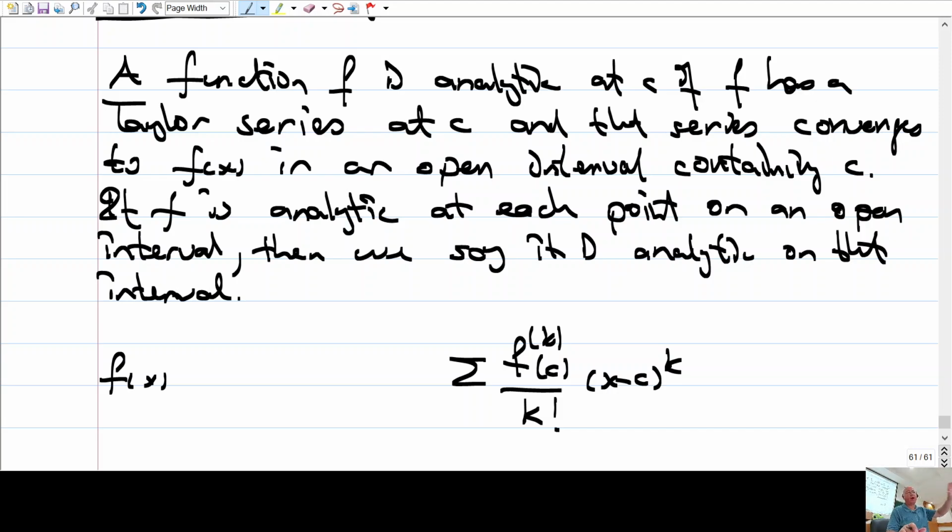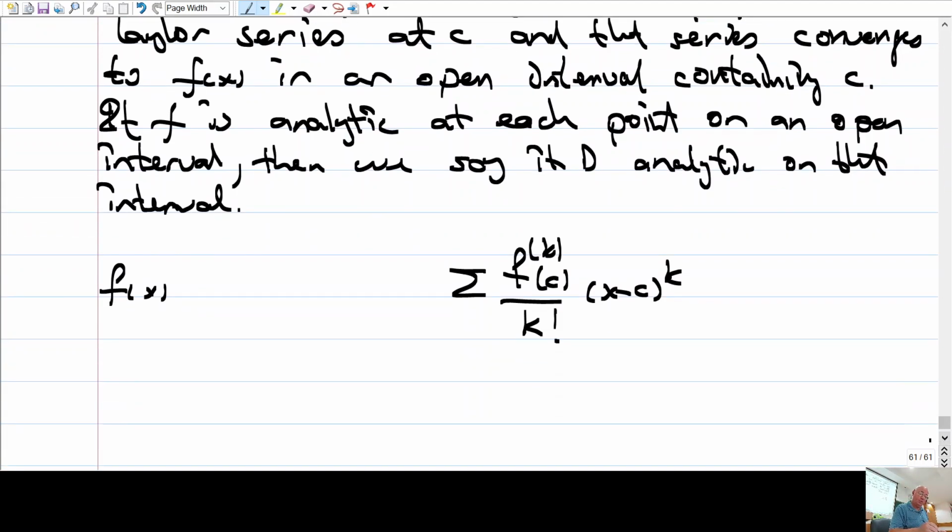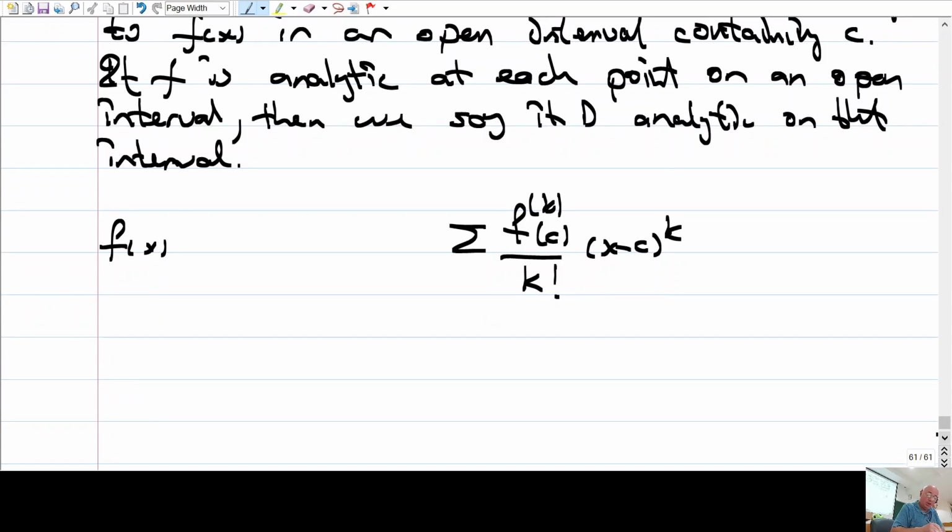So you have this function, and using that function you form another function, this Taylor series of f. In general, these two gadgets may not be equal to each other, okay? We will see examples. So a function may not be equal to its Taylor series expansion. If this is convergent to this, so if these are equal, then we say that f is analytic at the point c, okay?